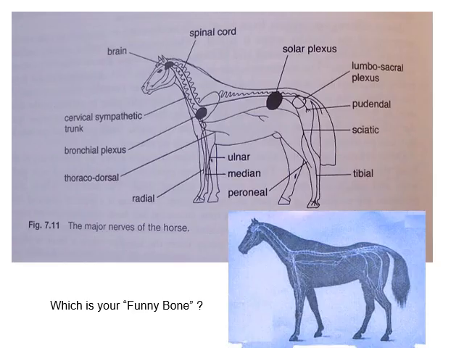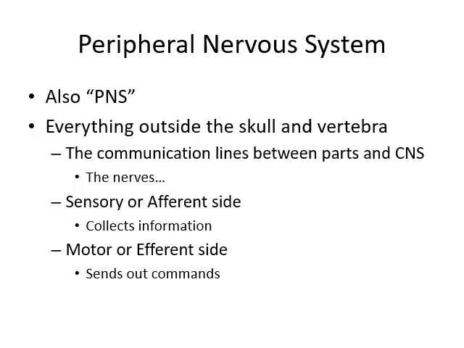So the peripheral nervous system is everything outside of the skull and vertebra. These are the communication lines between all the parts of the body and the central nervous system. We have nerves going up to the spinal cord, the central nervous system, and nerves coming back the other way.